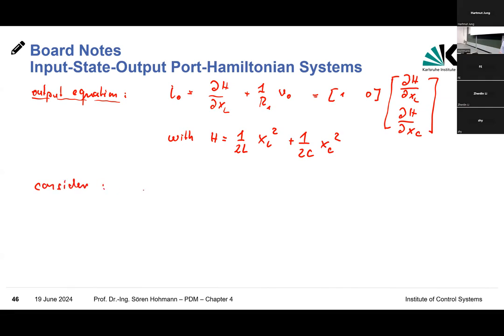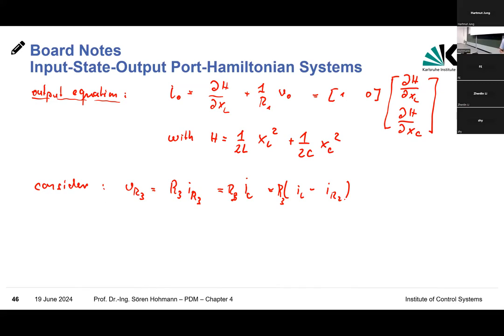Consider the following: UR3, which is equal to R3 times IR3, which, by the way, is R3 times IC, which again is R3 times IL minus IR2.